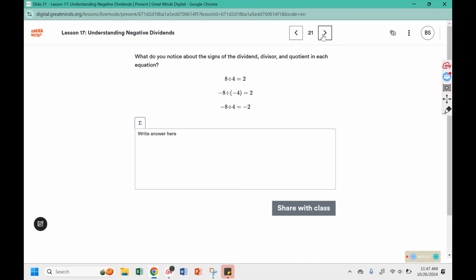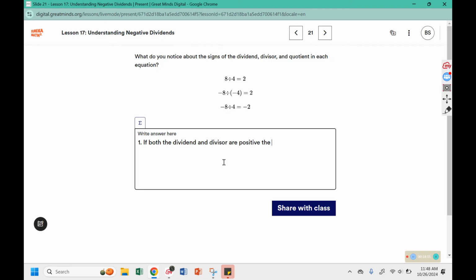What do you notice about the signs of the dividend, divisor, and quotient in each equation? In the first one, if both the dividend and divisor are positive, the quotient is also positive.